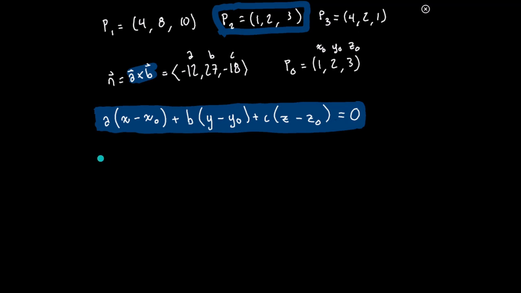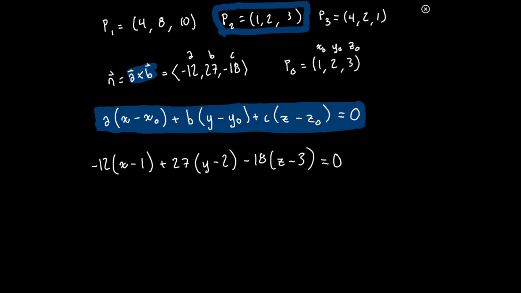All right, so we have negative 12(x minus 1) plus 27(y minus 2) minus 18(z minus 3) is all equal to 0.